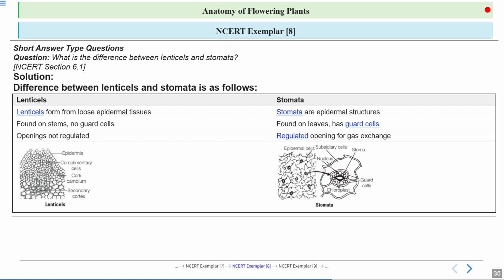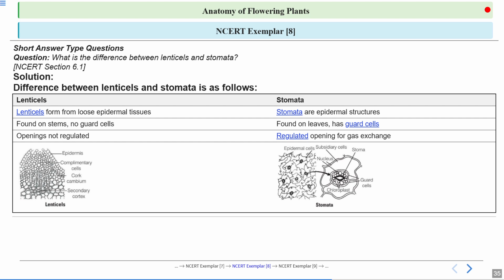Lenticels form from loose epidermal tissue. It is a loose arrangement of the epidermal tissue. But stomata are a modification of epidermal tissue. The main difference: a loose arrangement of the epidermal tissue forms the lenticels.